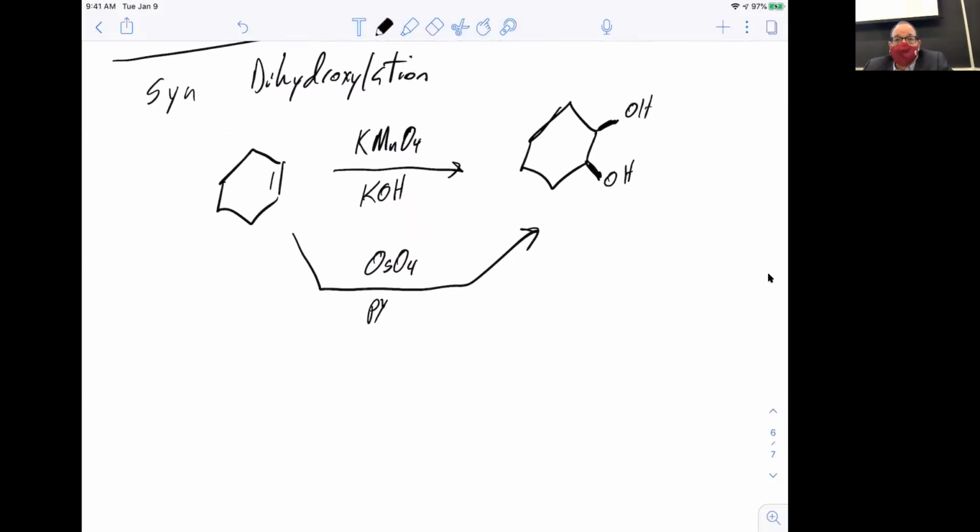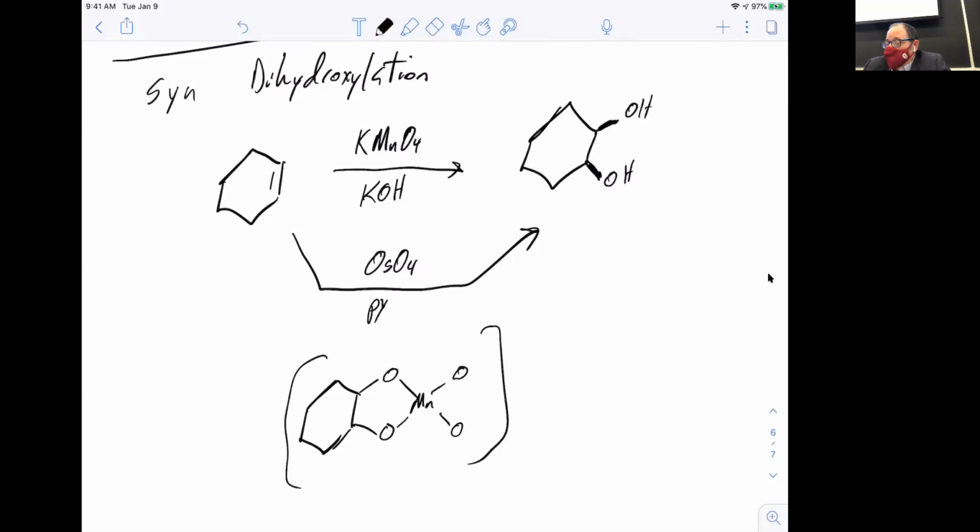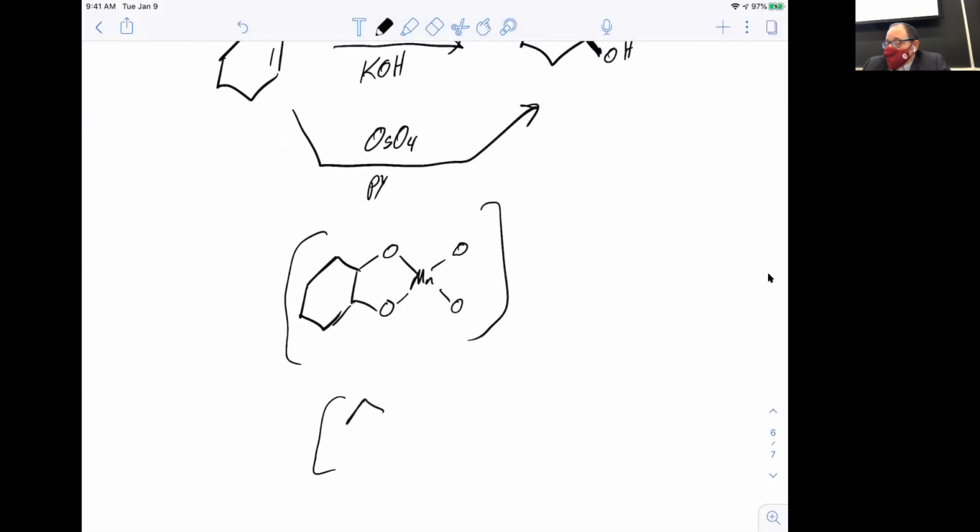You don't need to know the specific mechanism for this, but it is important to understand why it is syn addition, and that's because the intermediate here is this planar intermediate.